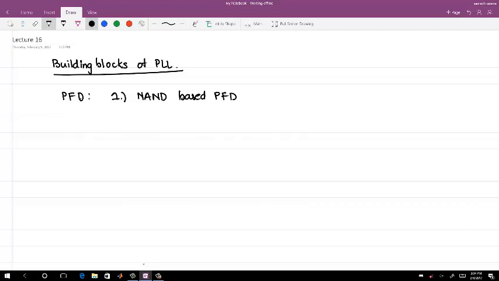in the PFD gain characteristics which was negative, and which actually limits the frequency of operation of PFD. So if the ideal characteristics of PFD are like this, then for a NAND based PFD it was like this, and this region depends on your T reset time.